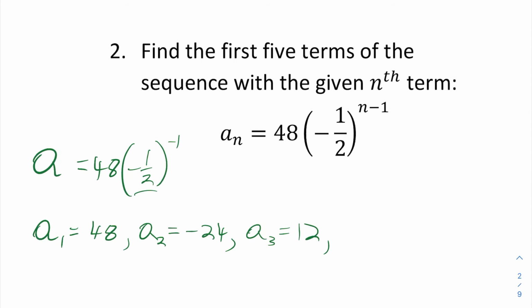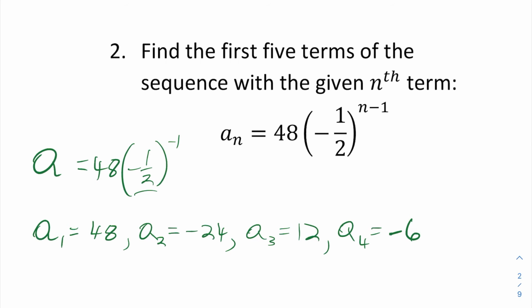Moving right along, we're looking at A4 now. A4 is 48 times negative 1/2 to the third power. 4 minus 1 is 3. Negative 1/2 to the third power is negative 1/8. And 48 times negative 1/8 is negative 6. And then the last one they want me to find is A5.